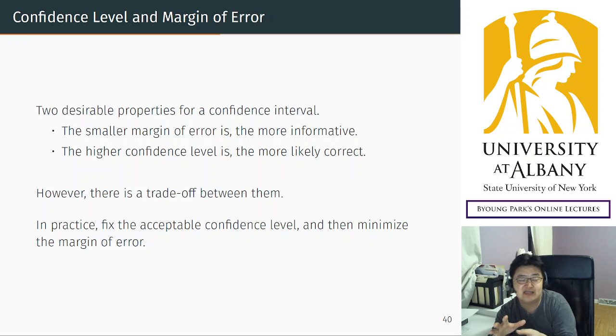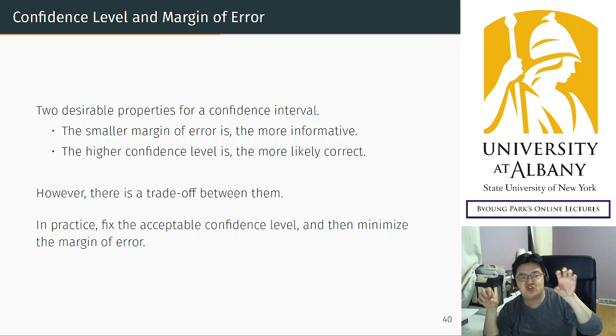But in this case, there are two criteria, but they cannot be achieved at the same time. So there is no single best estimator in interval estimation. Then how can we find the balance? How to choose the trade-off? The convention is usually, so you have to choose. If you choose the confidence level, then the margin of error will follow.